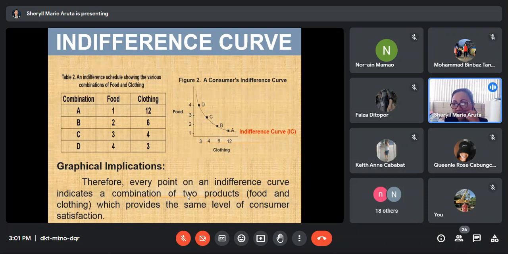But if you look at the behavior of the table, as you increase your food, your clothing decreases. This is because of the law introduced in economics, and this is what we call marginal rate of substitution. So as you try to substitute the other product, one decreases and the other increases.